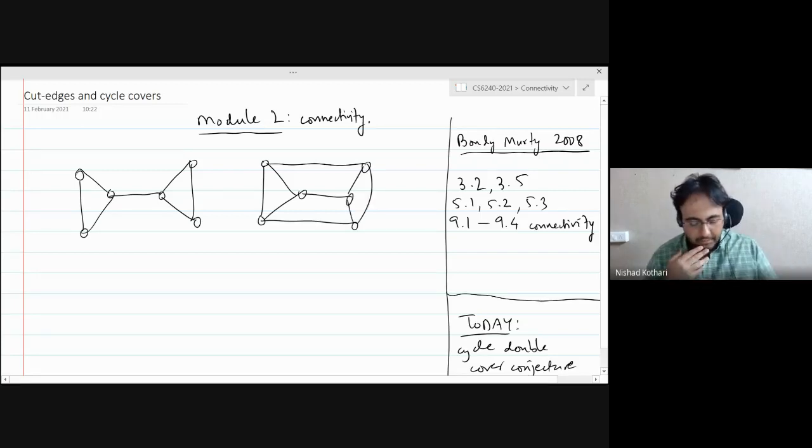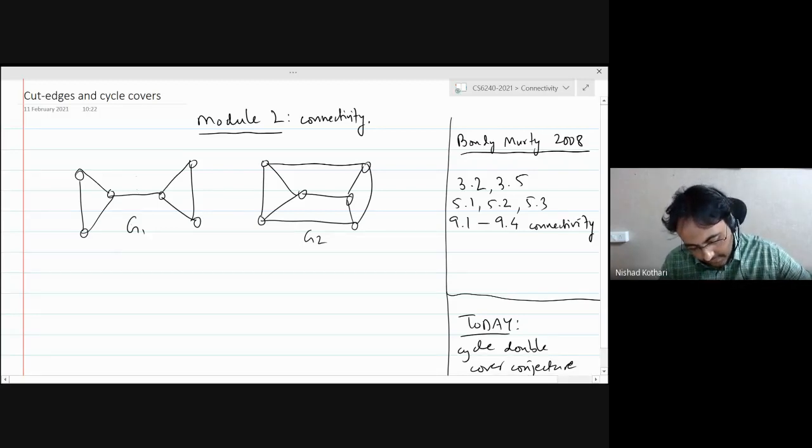Okay. So let's start with the following. Which of these graphs seems better connected? I have not defined anything, but I'm just asking you, which of these two graphs looks more connected than the other, whatever that means? The second one. Exactly. So that brings us to our first definition. Notice that here there is an edge E such that when you remove the edge E, the graph has two components.